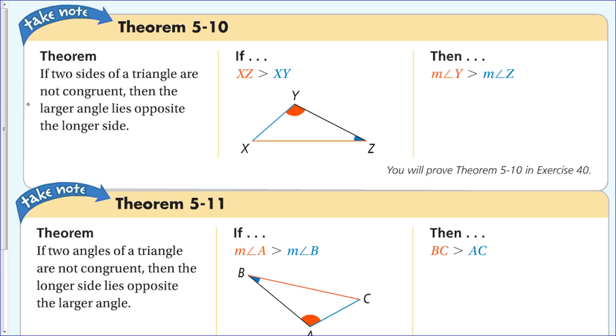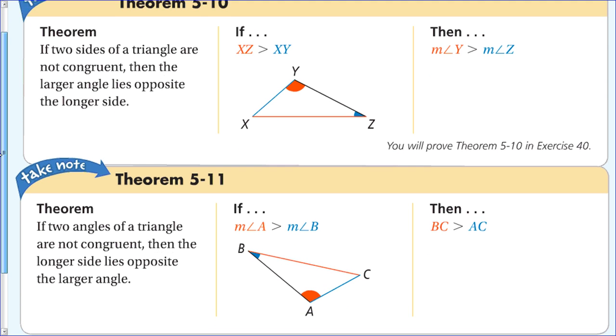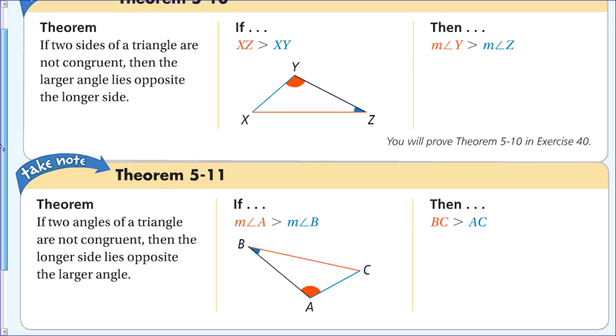Here's two more theorems. I'm basically going to talk about these at the same time. It says if two sides of a triangle are not congruent, then the larger angle lies opposite the larger side. Then if two angles are not congruent, then the longer side lies opposite the larger angle.